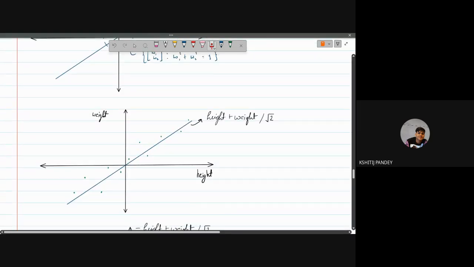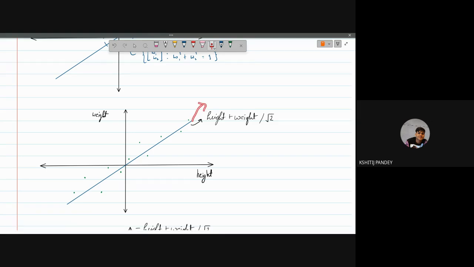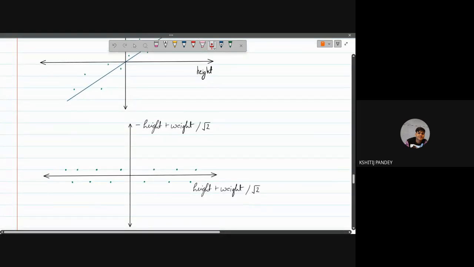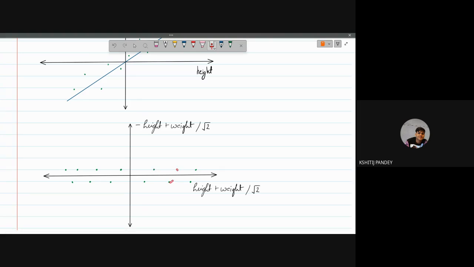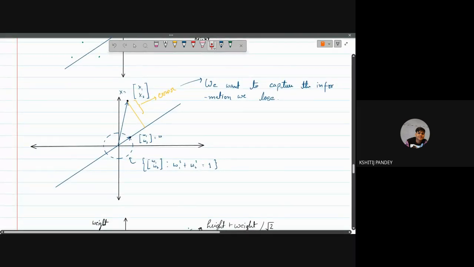So we will now treat this as the x-axis, and according to that, each data point's value will change. Now the question is, what are they representing? Let's look at what they are representing.